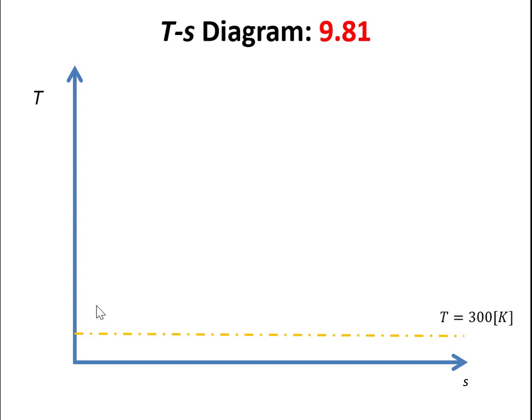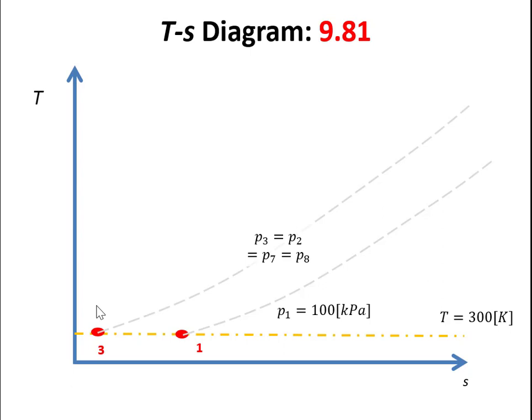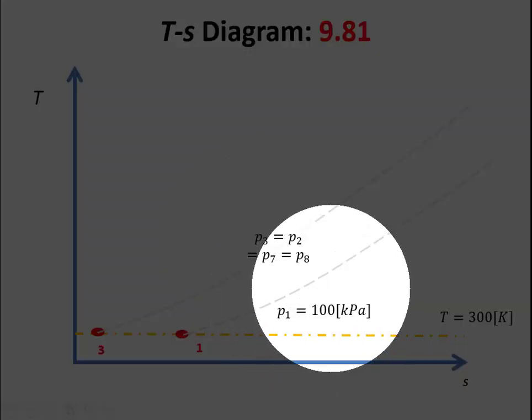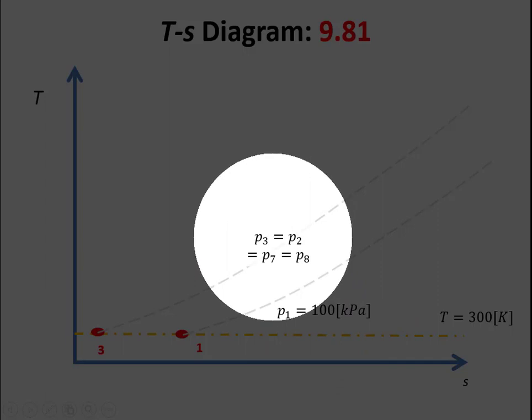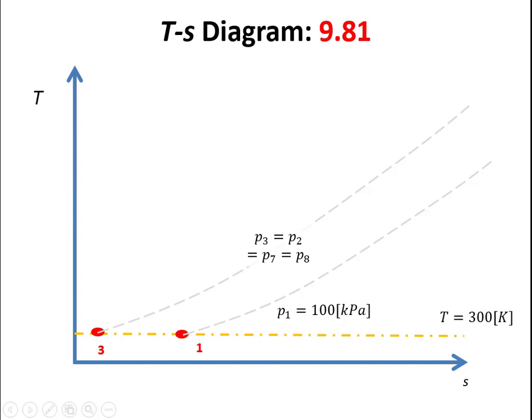So the first thing that the problem asked us to do was start to draw a TS diagram. So I find the lowest temperature in the system, and I find the lowest pressure. And where those two things meet is my state 1. The problem tells me that state 3 happens at that same temperature, but I know it's at a higher pressure, so as my pressure moves up, I move from this 100 kilopascals up to some intermediate pressure that I'm going to use at states 3, 2, 7, and 8.